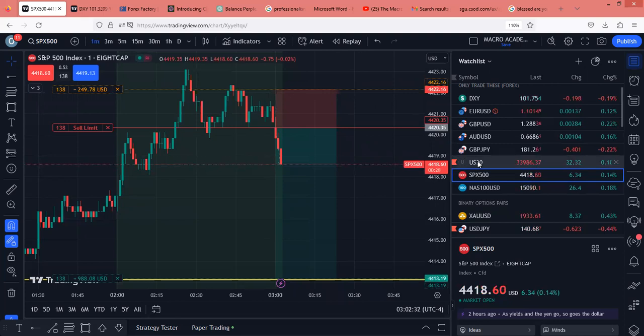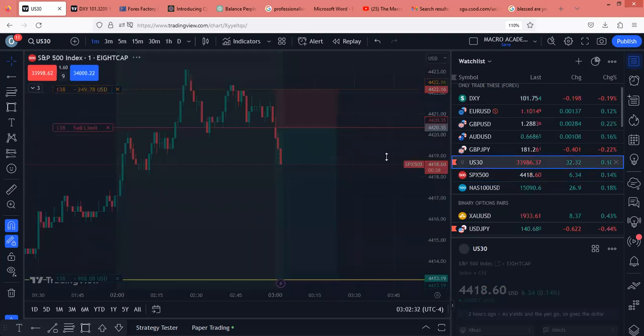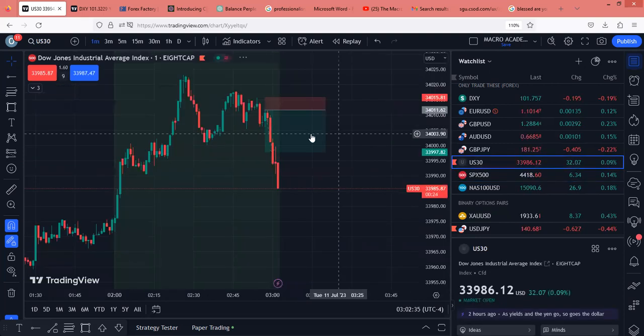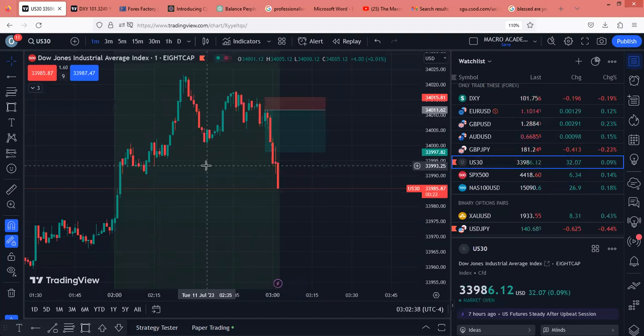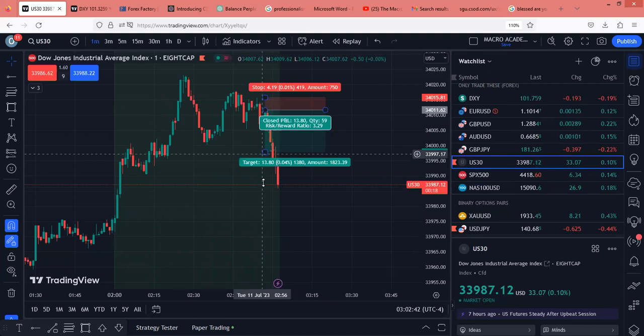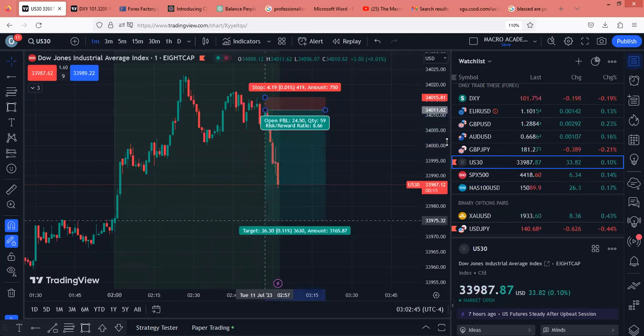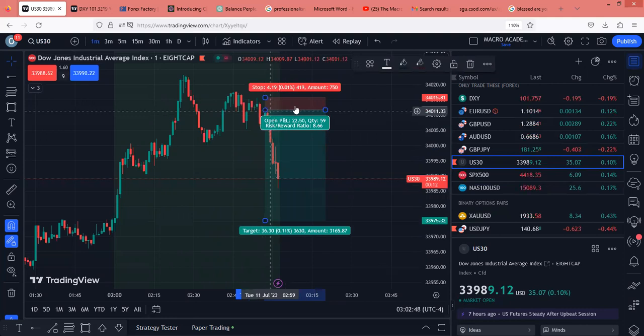So at this point, we are just literally praying for price to get into our entry. And I'm not sure it's gonna do that, honestly. What a beautiful trade this would have been if it tapped back into this entry.